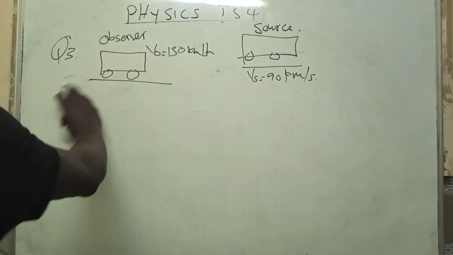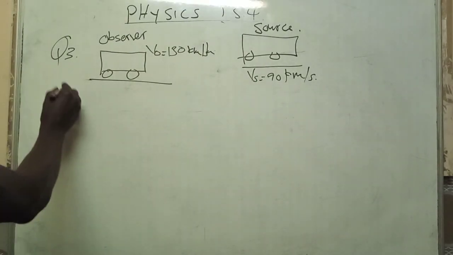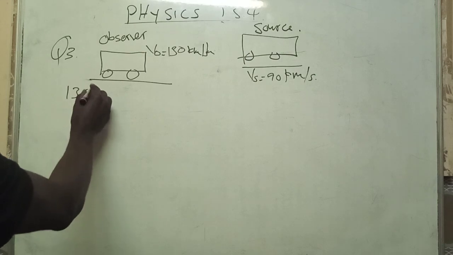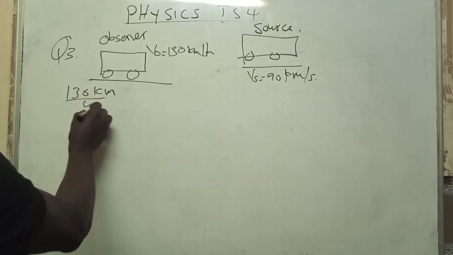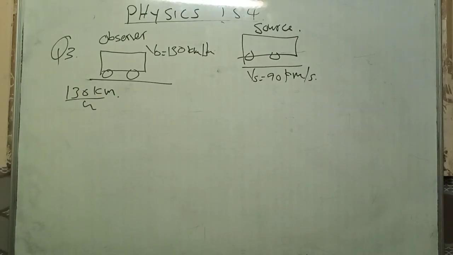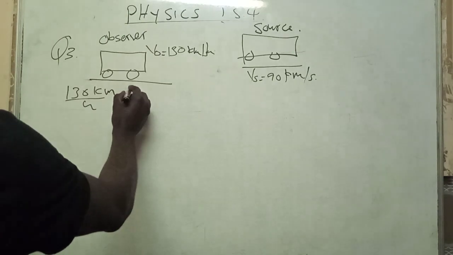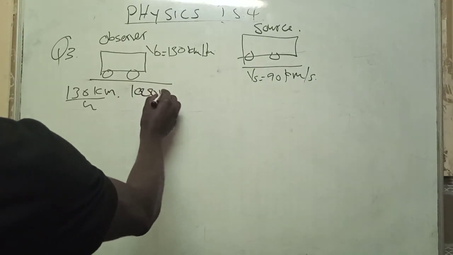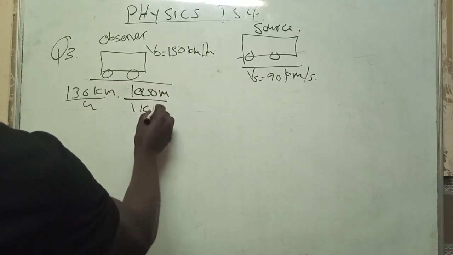So I can say 130 km over h times how many meters are in 1 kilometer. So we'll say there are 1,000 meters in 1 kilometer.